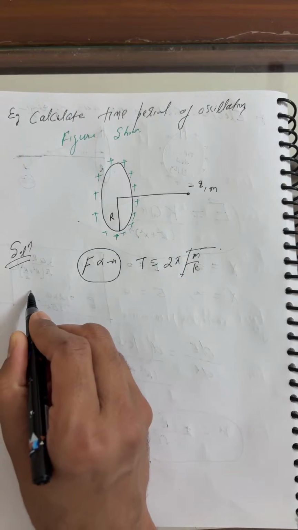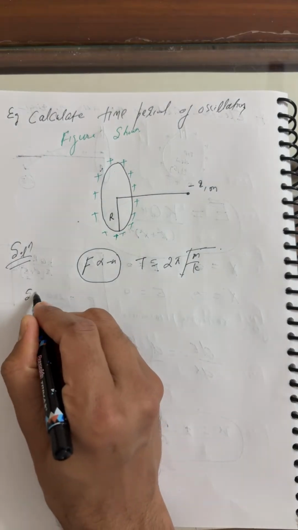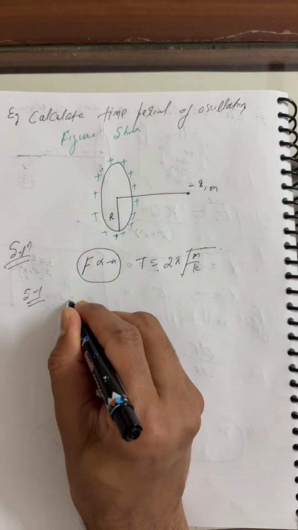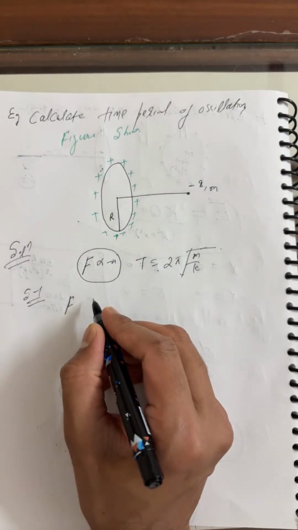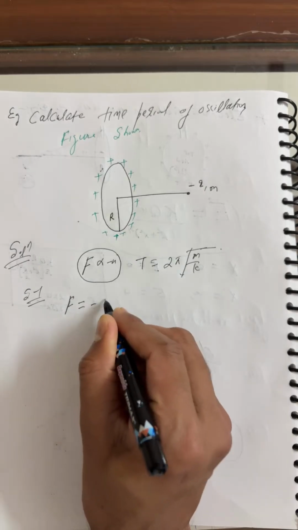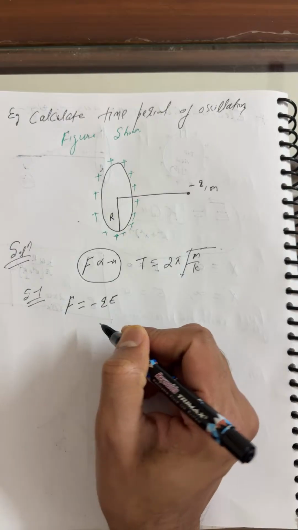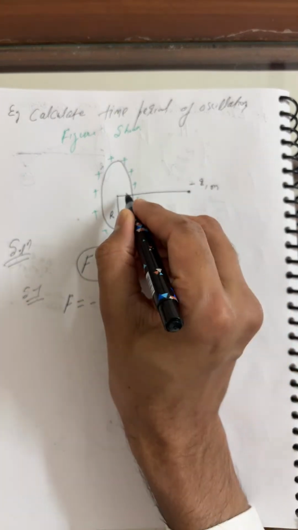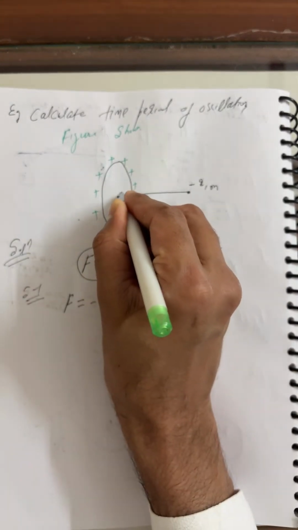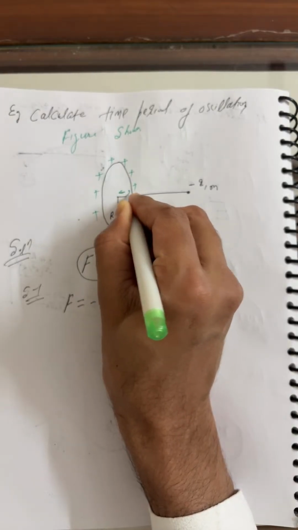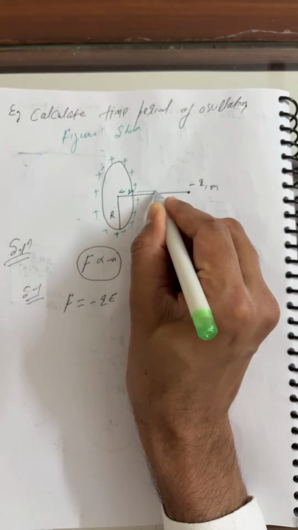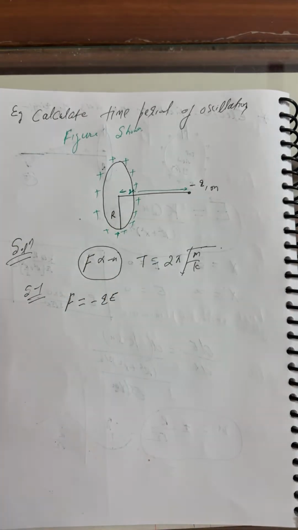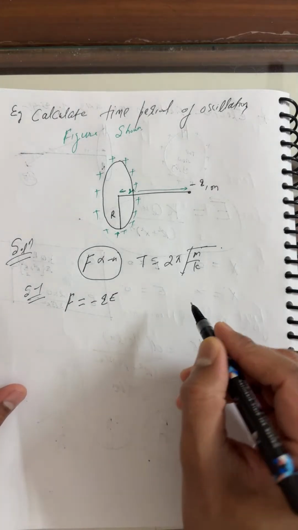Now, students, I'm going to start the solution of the question. This is step 1. I'll use the simple formula of electric field definition, as I already said in the classroom. F is equal to minus QE. Here you can take the distance from the center as x. Then I'll use the formula F is equal to minus QE.